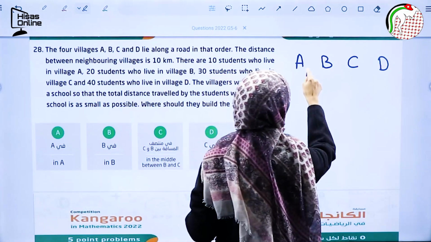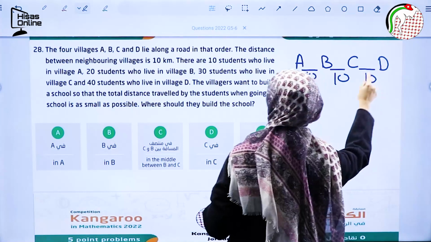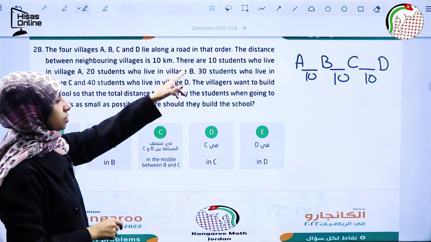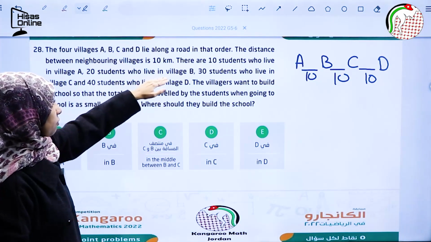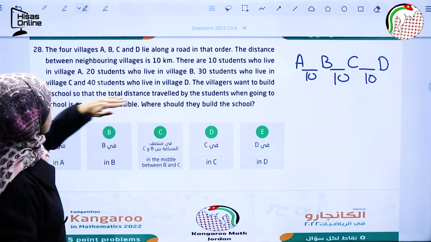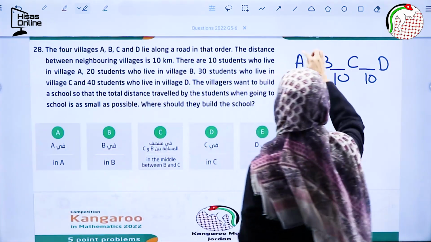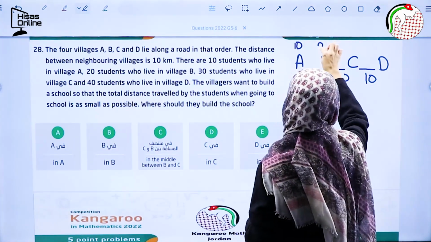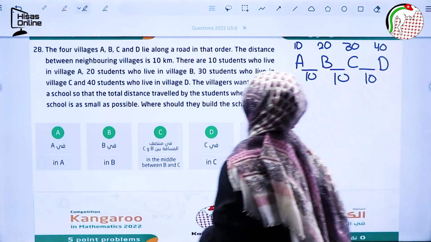So, distance here is 10, 10, and 10 kilometers. There are 10 students who live in village A, 20 students who live in village B, 30 students live in village C, and 40 in village D. So we have 10 students, 20, 30, and 40 students.